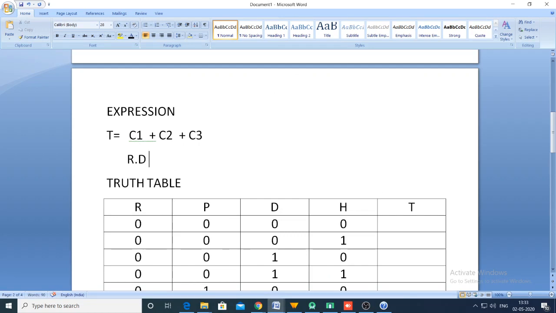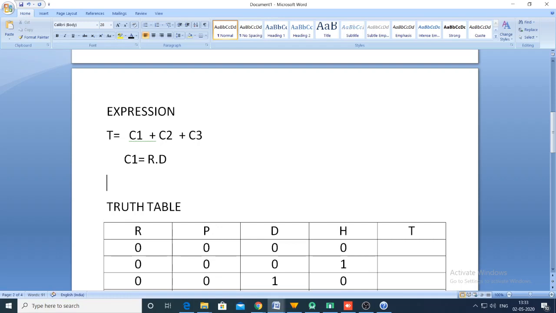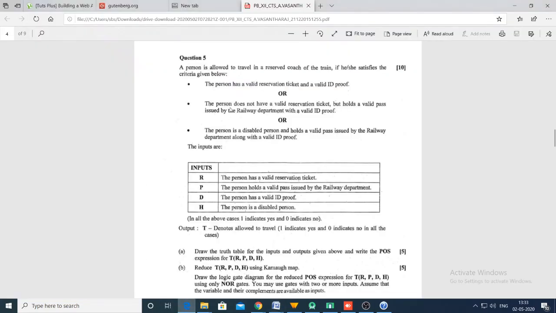Now what is the second condition? Condition 1 is R and D. The second condition is the person doesn't have a valid reservation ticket.